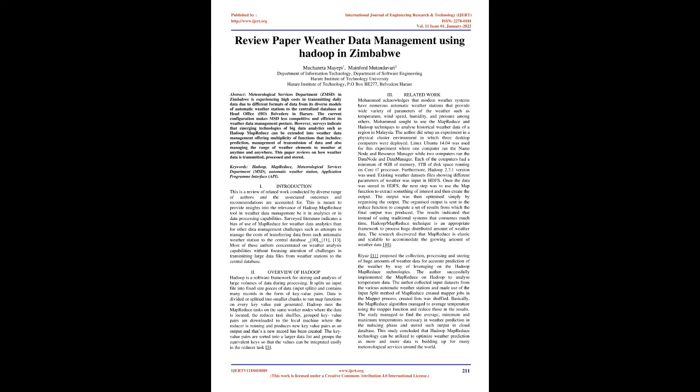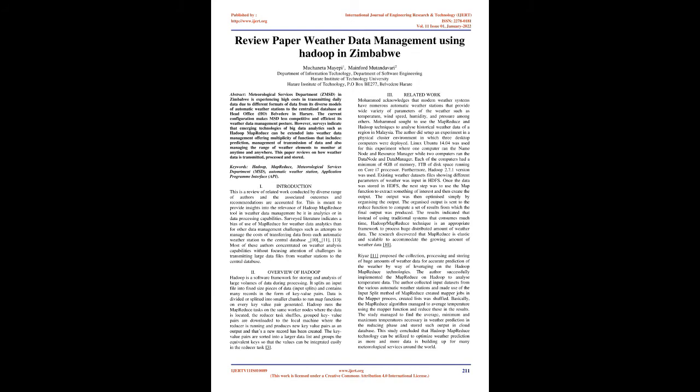3. Related work. Mohammed acknowledges that modern weather systems have numerous automatic weather stations that provide a wide variety of weather parameters, such as temperature, wind speed, humidity, and pressure, among others. Mohammed sought to use MapReduce and Hadoop techniques to analyze historical weather data of a region in Malaysia. The author set up an experiment in a physical cluster environment in which 3 desktop computers were deployed.